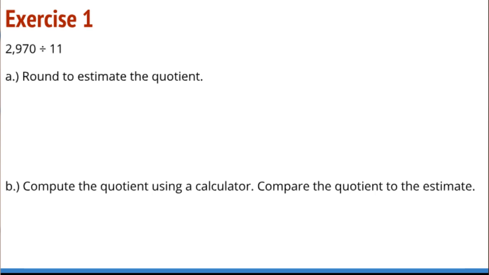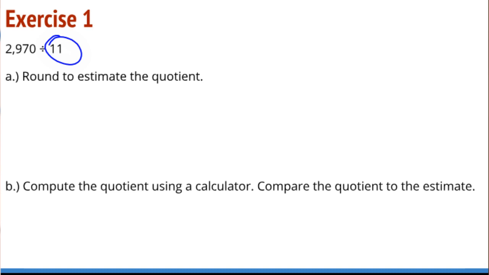All right, so kind of walking through the process here a little more quickly. Here are these exercises. We're going to round to estimate the quotient, and then we're going to use a calculator so that we can find the quotient, and then we're going to look and say, how is our estimate? So the first thing we want to do is say, what can I round this divisor to?